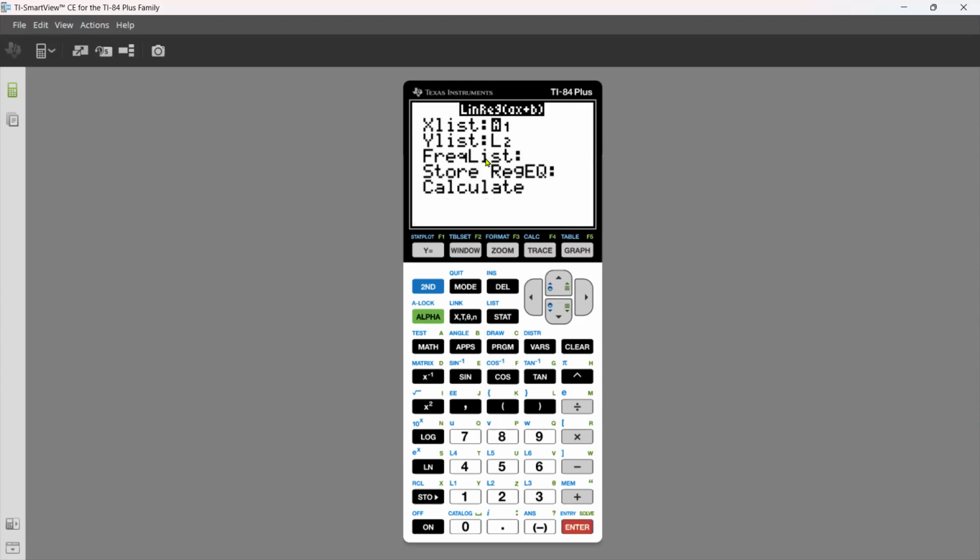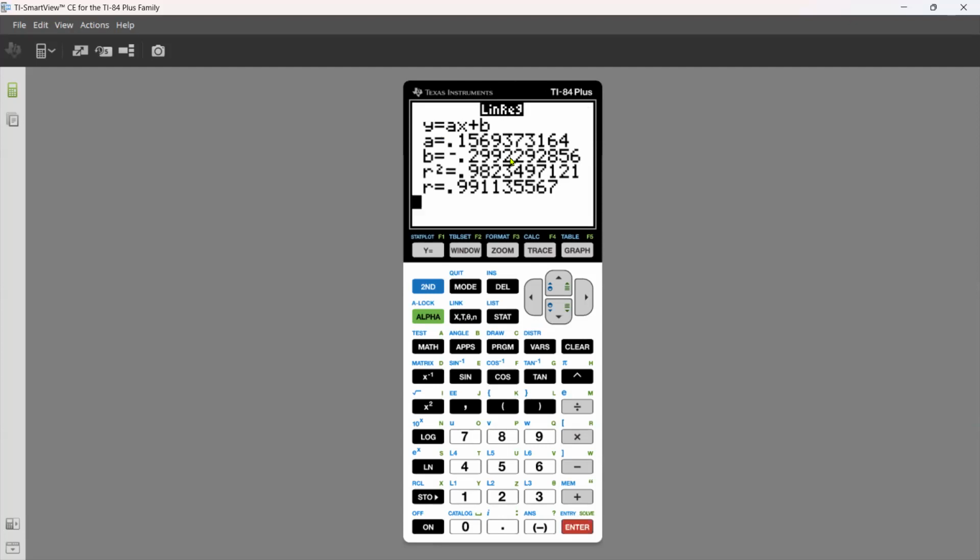And then the setup is primarily the same. L1, L2, and your frequency list. Don't worry about storing your regression equation. We're going to calculate this.